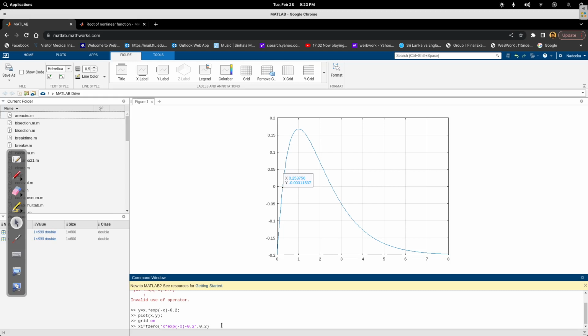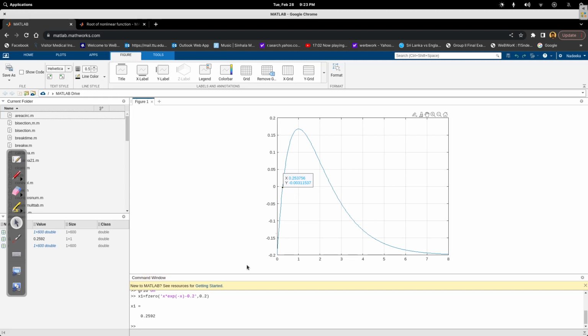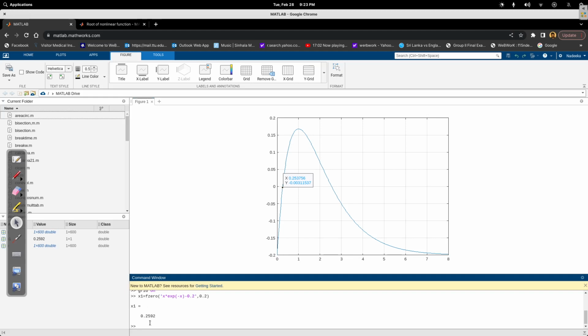I'll remove the semicolon so we can see the solution. 2.2592, okay, so this is the approximated root. You can get a better approximation by looking at the picture and starting with an approximated root.